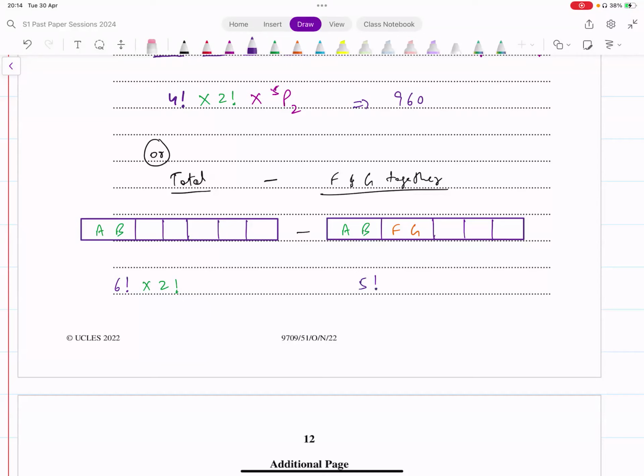So 5 factorial ways of arranging those 5 boxes. And then A and B could switch places in 2 factorial ways, and F and G could switch places in 2 factorial ways. Find their difference, and that will give you the result. 6 factorial into 2 factorial minus 5 factorial into 2 factorial into 2 factorial. That also gives you 960. This could be another way of thinking about that.